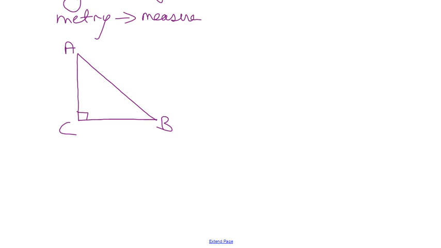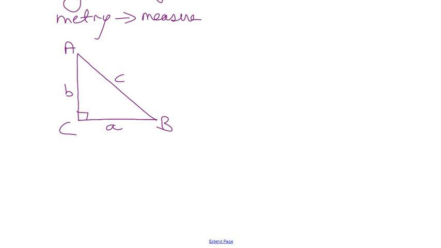There's a convention when we name triangles, and that is that angles are named with uppercase letters, and that the side opposite an angle is named with the lowercase letter of the angle it's opposite. So this side here is named what? Little a. This side is? And this side is? Little c.